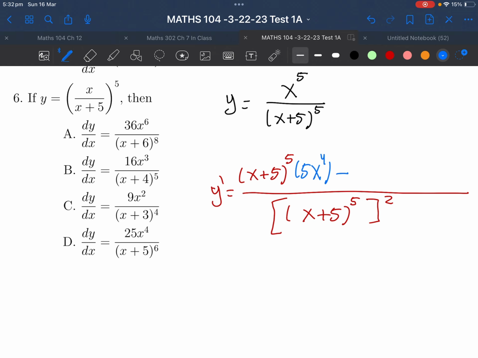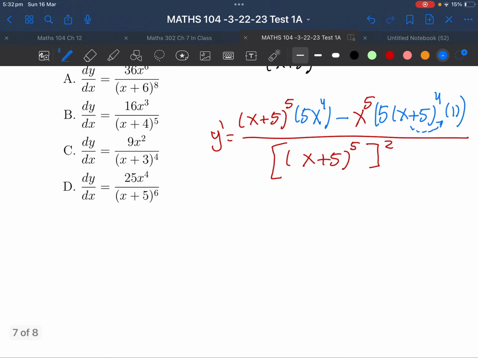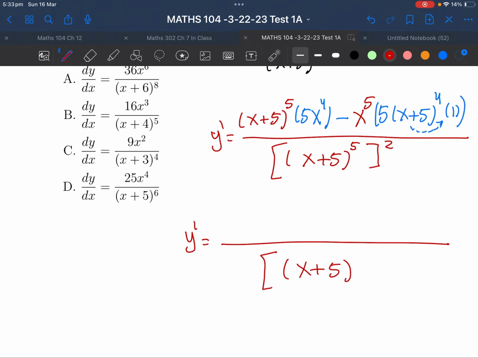Now you do the opposite. Take the numerator, x power 5, times the derivative of the denominator, which will be 5 times x plus 5 power 4. By the chain rule, you need to multiply by the derivative of the inner, which will be just 1. Now this we can simplify by taking common factor as we just did before. So this would be x plus 5 power 10.